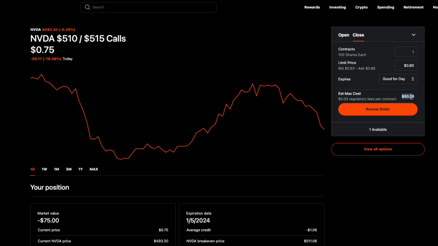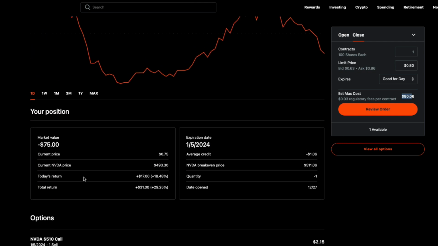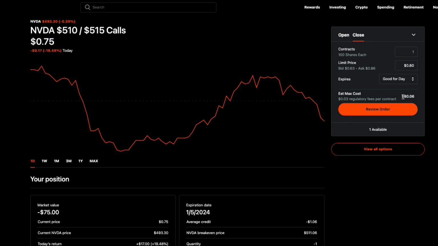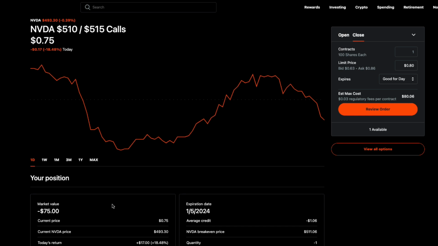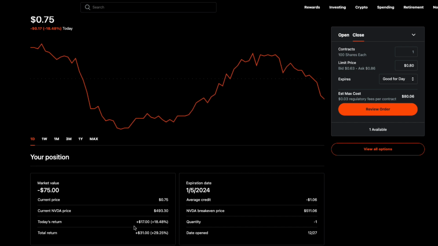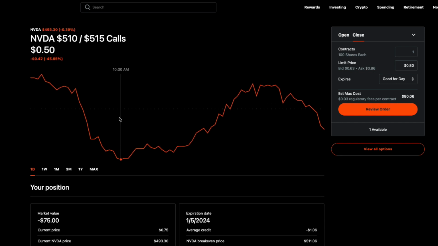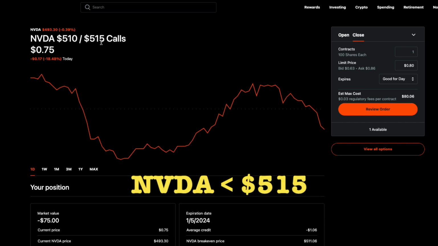This basically means that you got a credit of $106 by opening this position, and you are paying $80 to close it. So you are still making about $20 in this position after closing it. So this is one way you can close a call credit spread, and I can do the same thing next week, and by that time, because of the theta decay, I would be making more than this as long as Nvidia is below this $515.